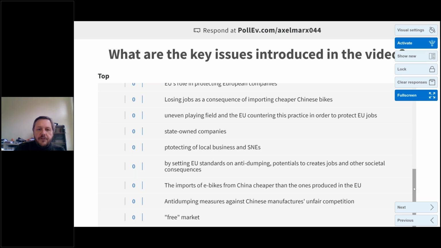What would have been the company's consequences? Somebody else said a lot of jobs were being lost as a consequence of importing cheaper Chinese bikes. I think that's an important element as well. Protecting local business. So if you don't address these issues, then quite a few small businesses in Europe might go out of business.